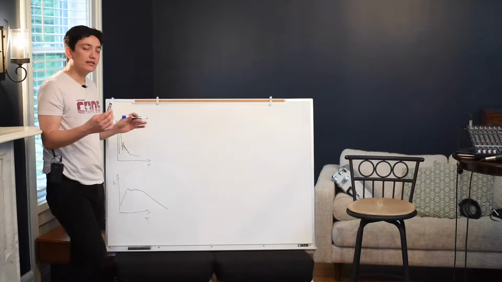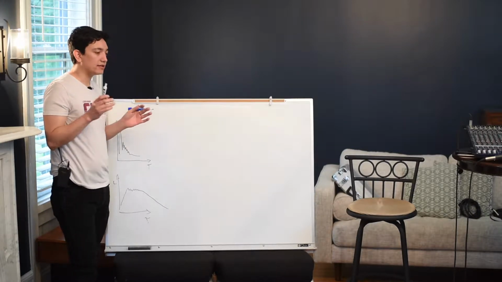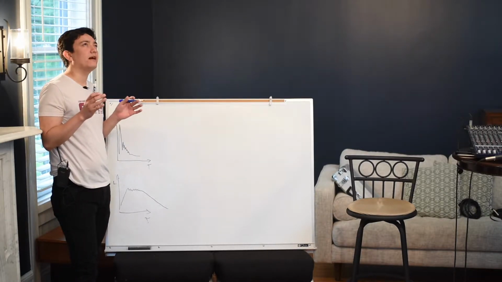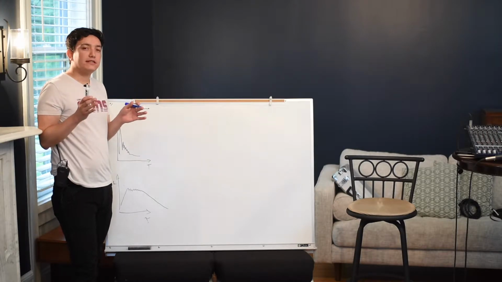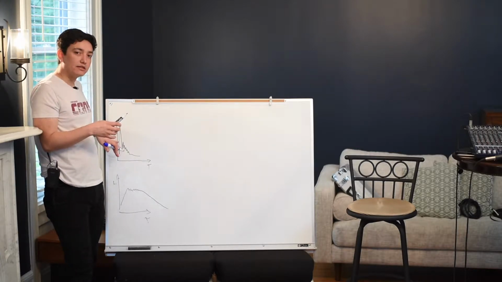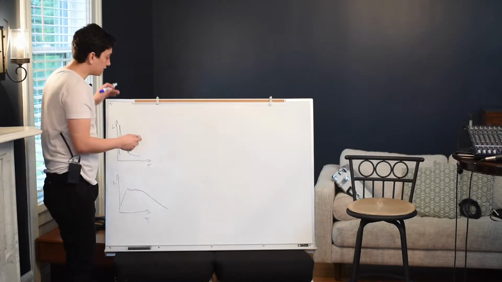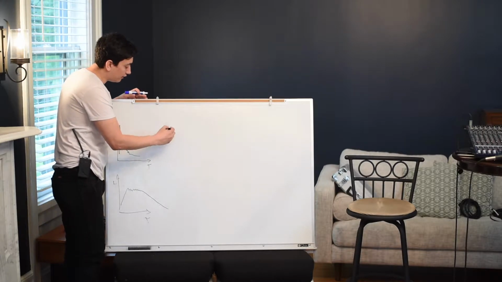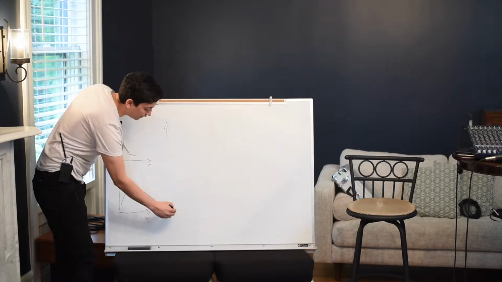The other way that you can see a sound is by its frequency shape, like the frequency composition. This is time versus level, but you can see it in another way.